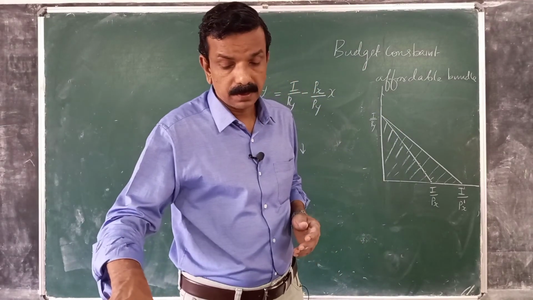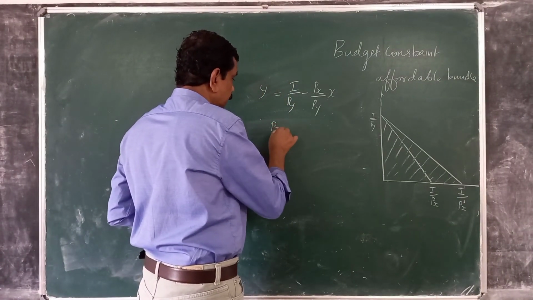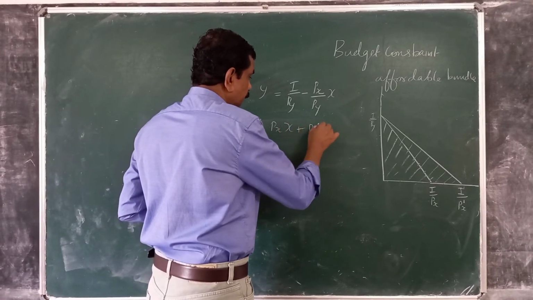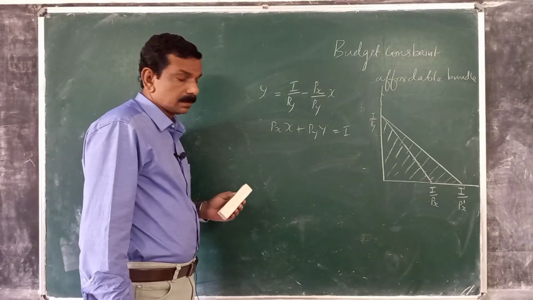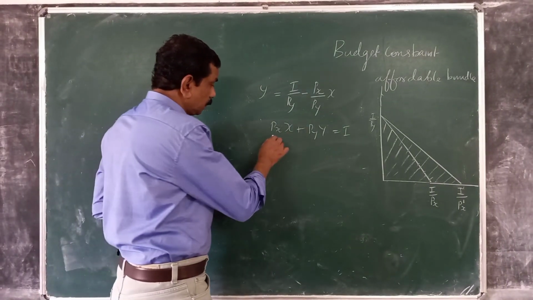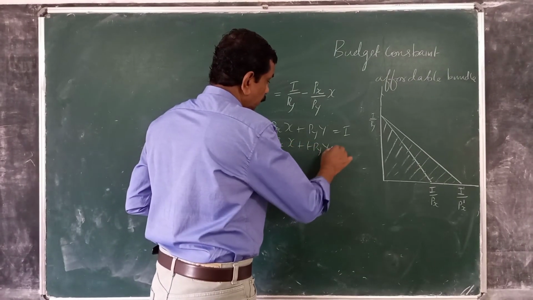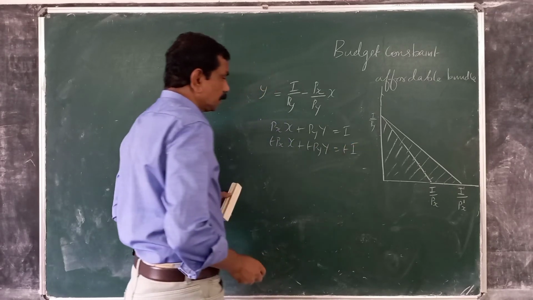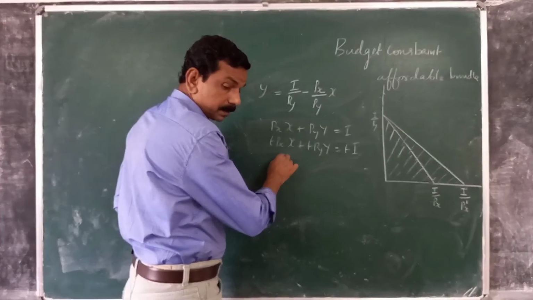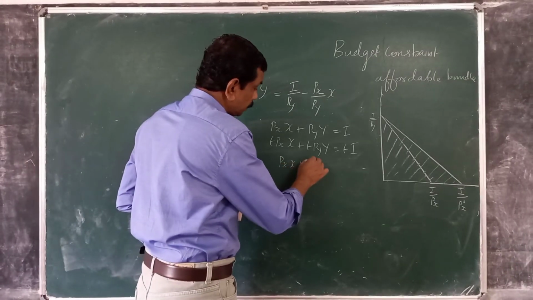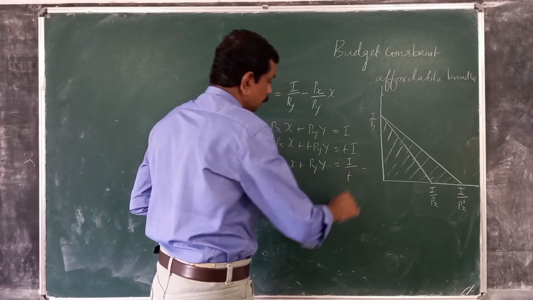As you can see, suppose that our original budget line is Px into x plus Py into y is equal to I. Suppose also that you multiply both the prices with t. t into Px into x plus t into Py into y is equal to tI, and this equation is the same as Px into x plus Py into y is equal to I by t.